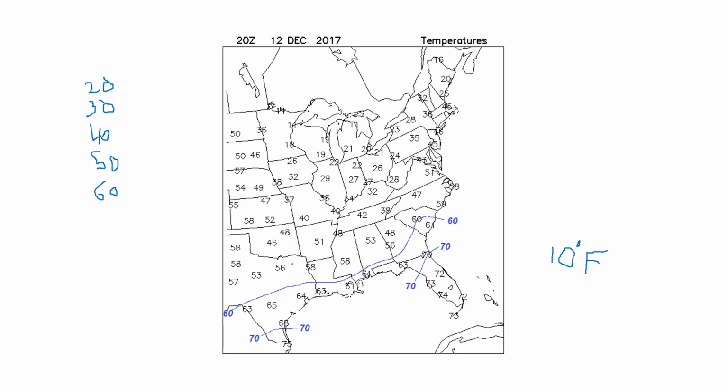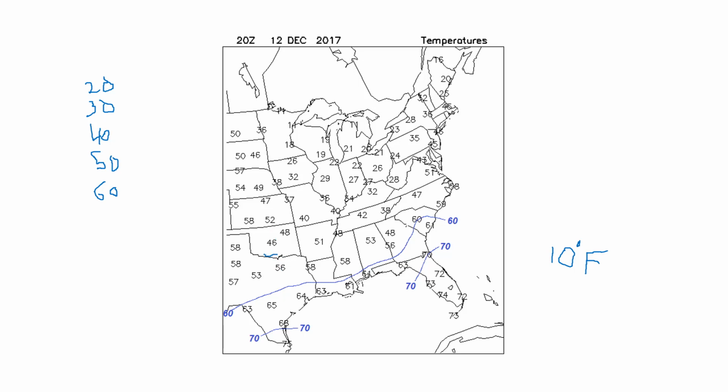Now, with that said, I would like you to take a moment and kind of practice drawing this. However, I would rather you focus on the rest of the lab. So I'll take a moment and kind of walk you through this, and then we can move on to the rest of the lab. So you see right here there's a place where one location's in the 50s and another's in the 40s.